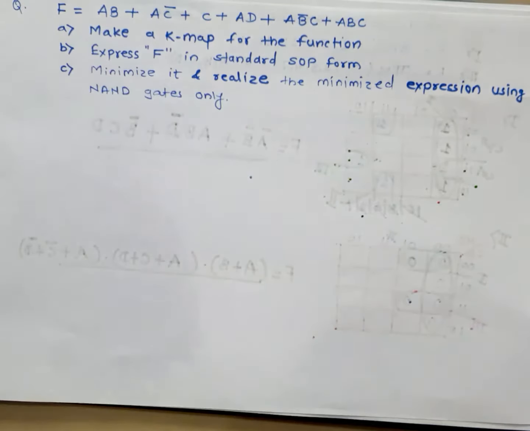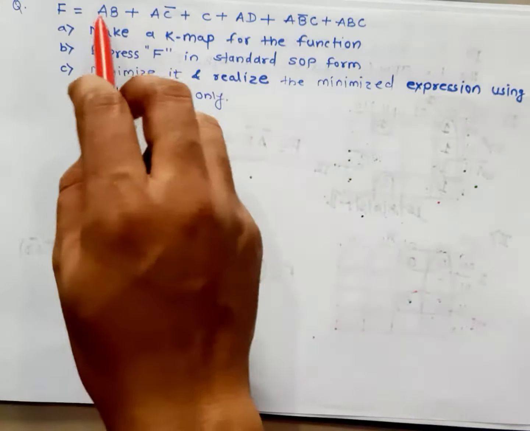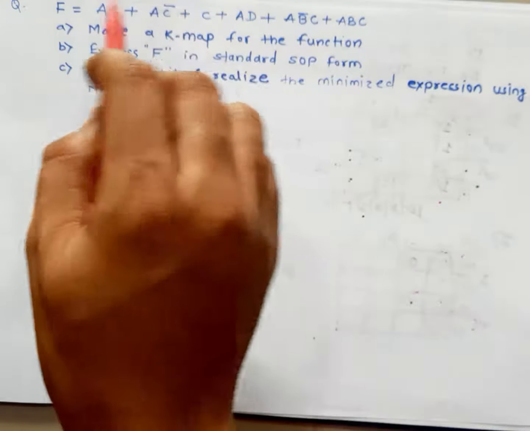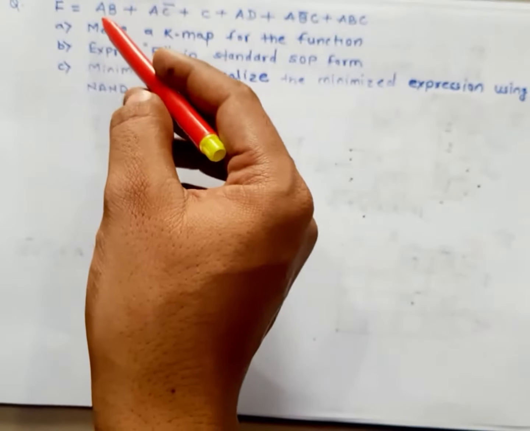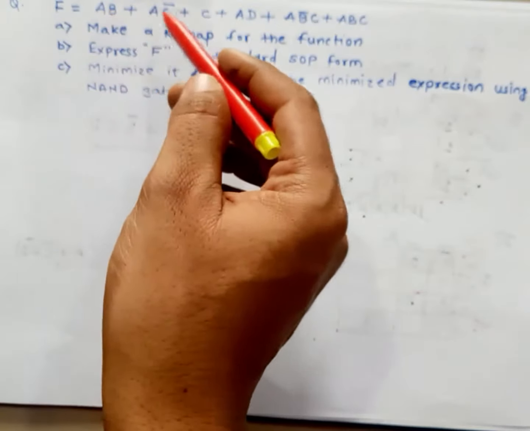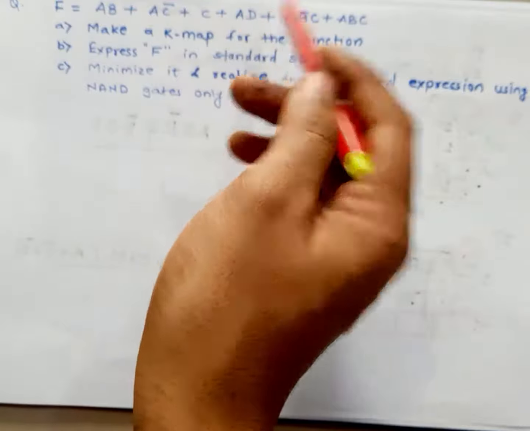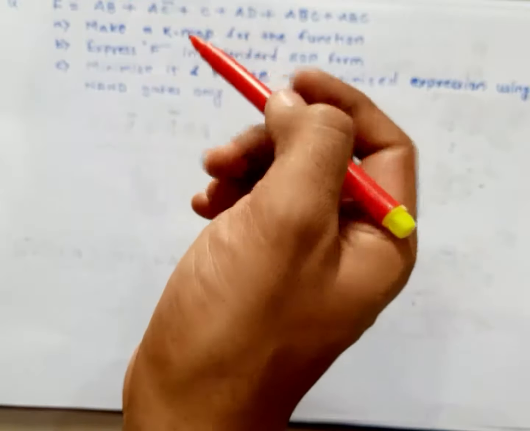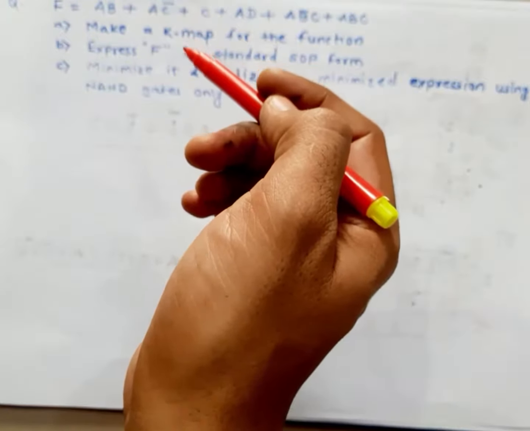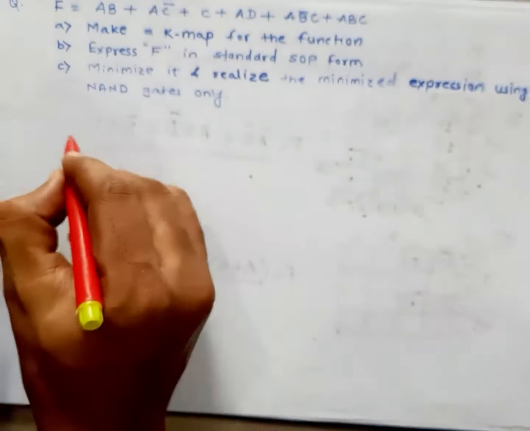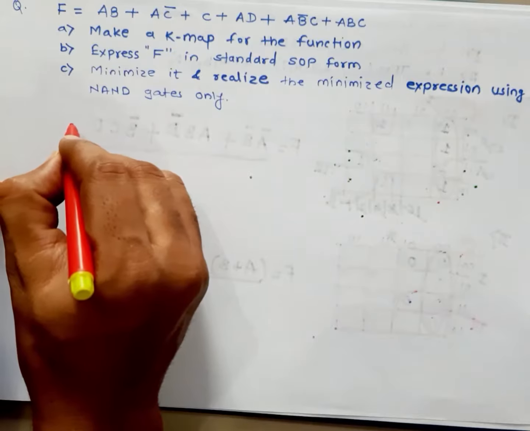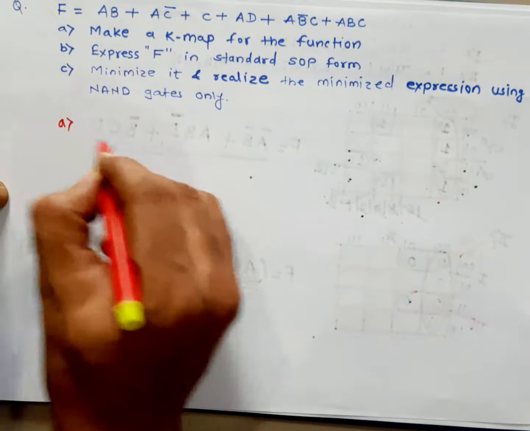So first step, you need to identify how many variables are present in the function. In some terms it may be a complement or non-complement form, but you need to identify how many variables there are. So A, B is there, C is there somewhere, and D is there. From that equation you can easily say that we need to design a 4 variable K-map. So first, you need to design the 4 variable K-map.